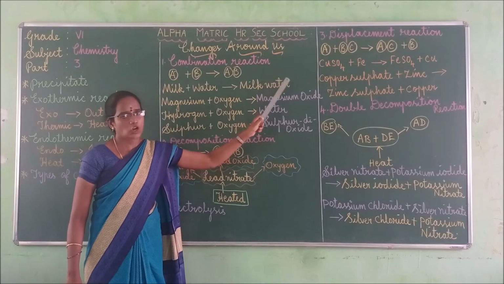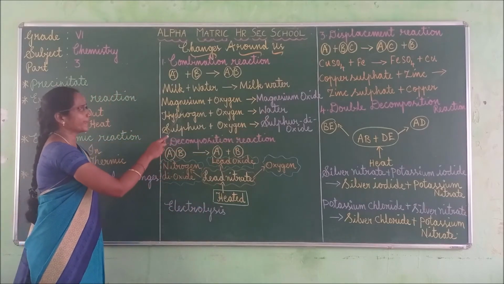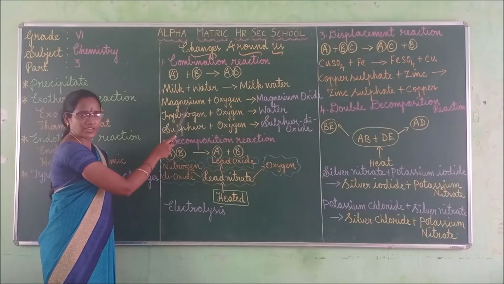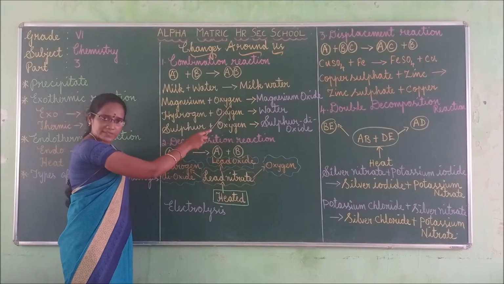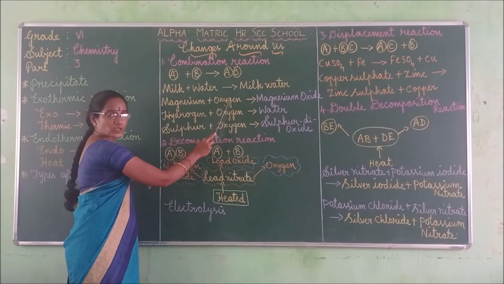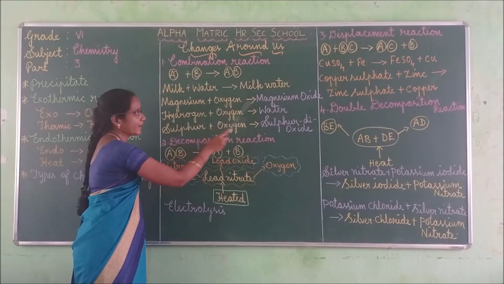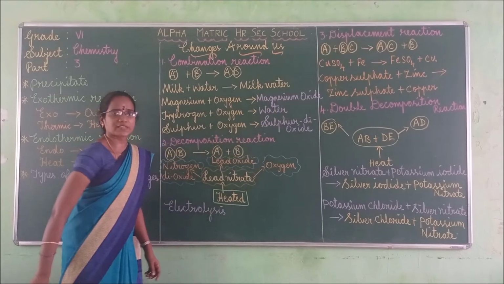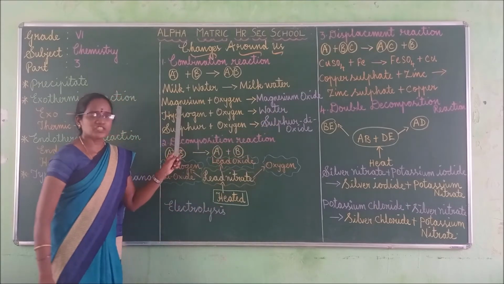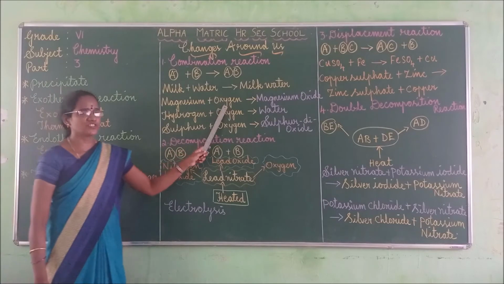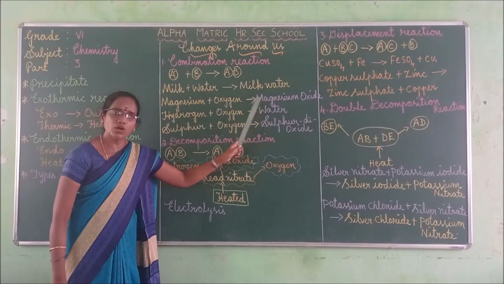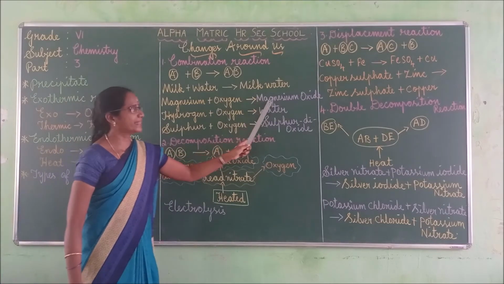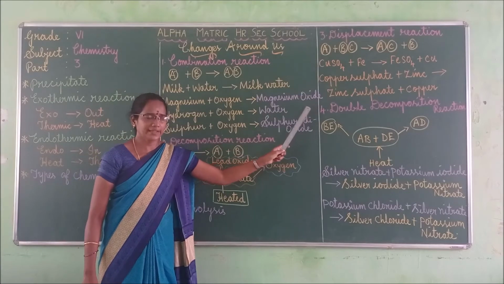It is a compound. Next one, magnesium. Magnesium, when it reacts with oxygen, both react to form a new product, magnesium oxide.